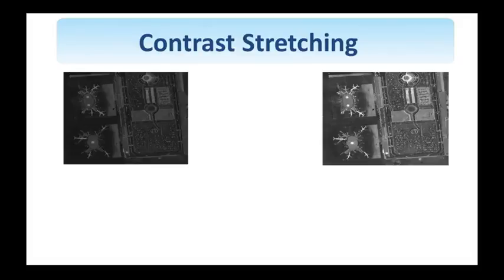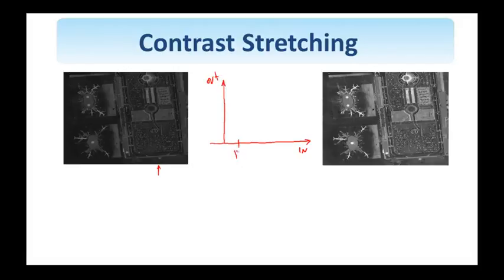I'm bringing this example, this contrast stretching example, back to put things in context now that we talked about the histogram. If you recall, we started with this image on the left, and then we realized that this is a dark image, and we defined the transformation shown here.